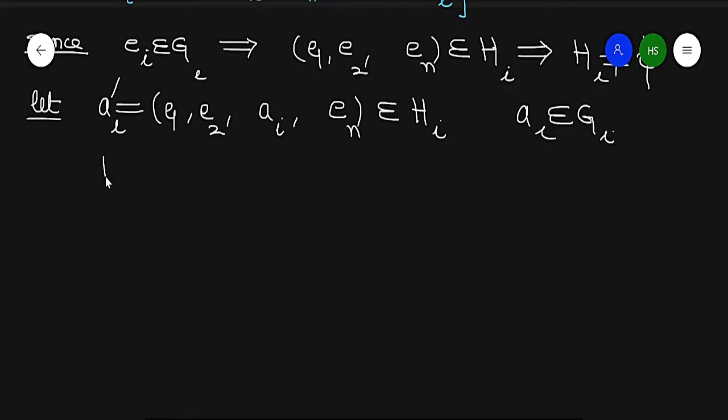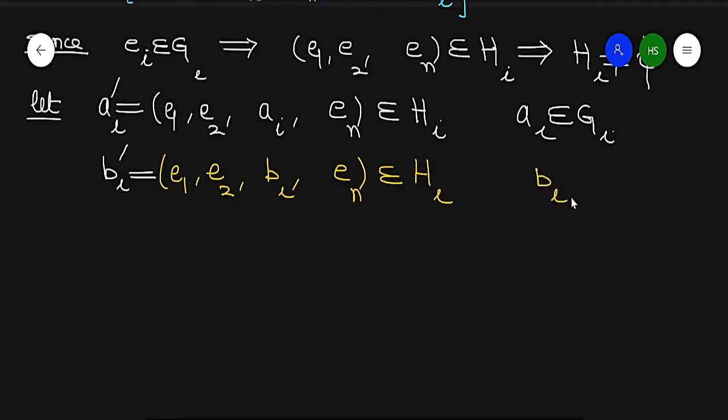Now I take the element Bi'. Again this is the same: E1, E2 identity, here I will take Bi and so on up to En, and again it belongs to Hi. So this Bi belongs to Gi.